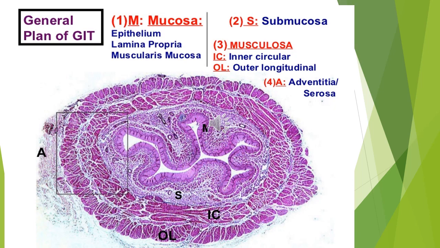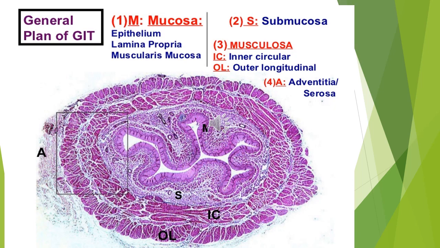But under the light microscope, you cannot see the plexus. Then just outside it is IC, the inner circular layer of smooth muscle, and OL, the outer longitudinal arrangement of smooth muscle in the muscularis externa.